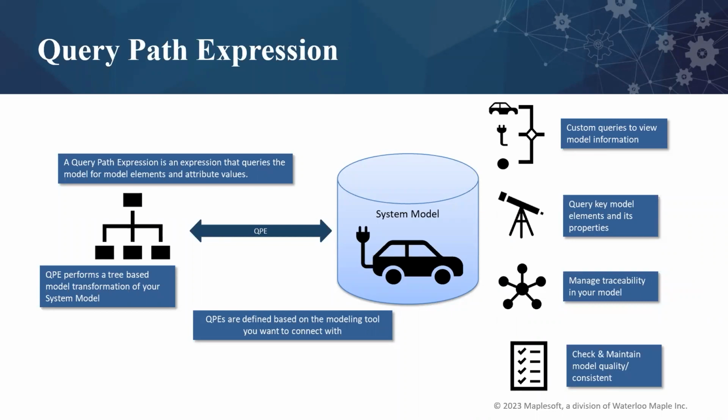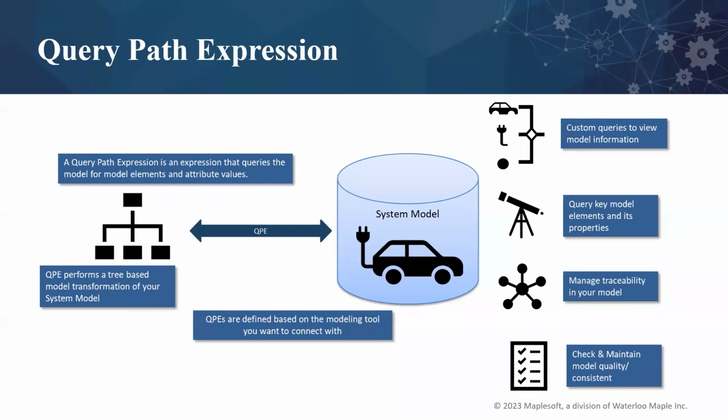You can query your model to find some key elements or properties of an element. You can easily manage traceability by querying the model. For example, if you want to see traceability between a requirement and a different model element and so on, you'll be able to define your own queries. And another advantage that you can also get with the query path expression is you can check for model quality.